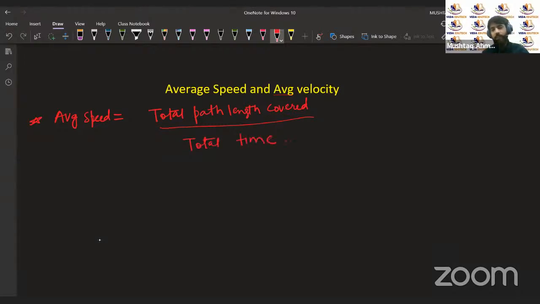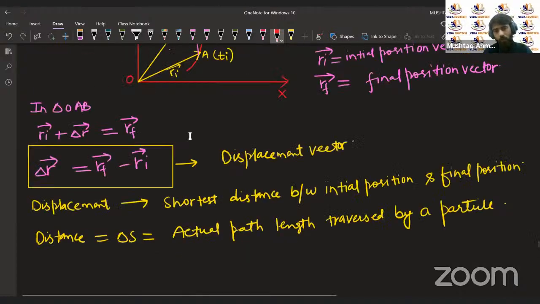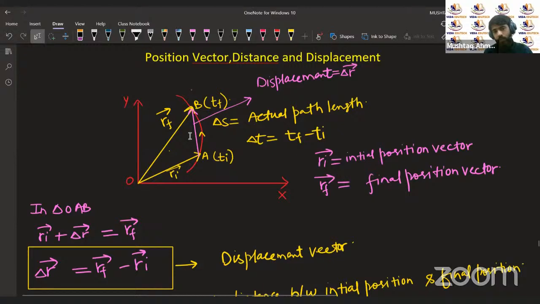So average speed is defined as total path length covered upon the total time. In this Cartesian coordinate system, I have denoted that the total actual path length covered by this particle from point A to point B is delta S. So delta S is our total path length here, right?